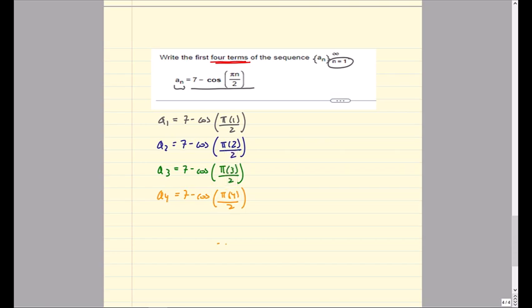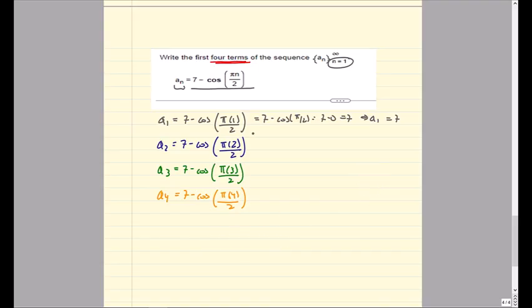So let's go ahead and look at our first one. So this would be 7 minus the cosine of pi over 2. Well, the cosine of pi over 2 is equal to 0. So when I simplify this, I get 7 minus 0, which is 7. So a sub 1 equals 7 here.